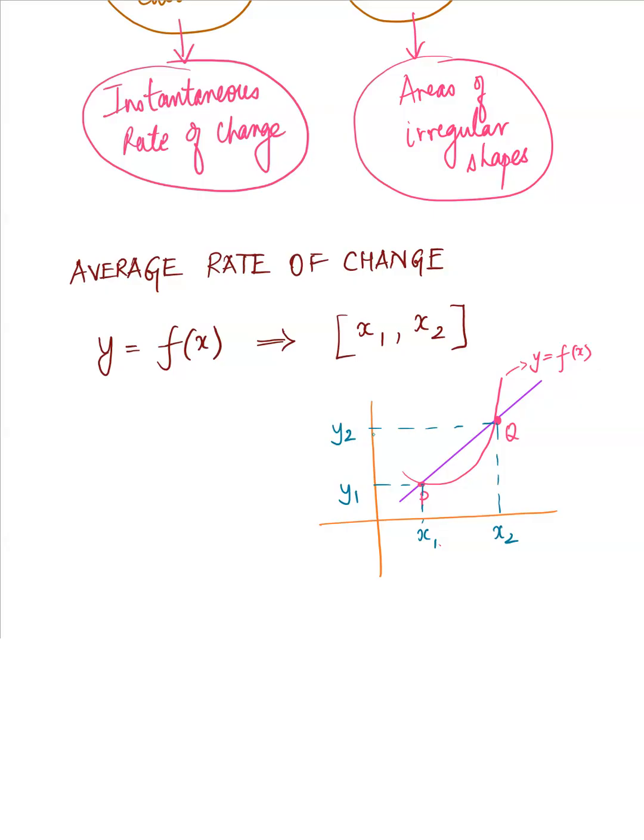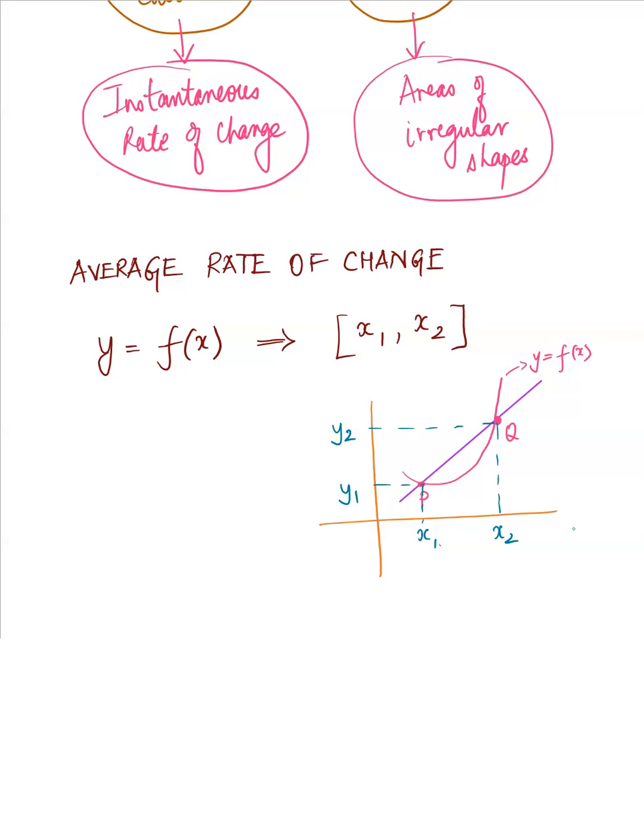So if I wanted to find the average rate of change from x1 to x2, right? So in this number line, although your graph could be extending further on, we're only looking between P and Q. What was the rate of change between the 2 points P and Q?